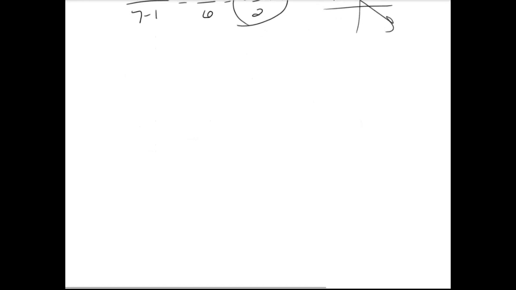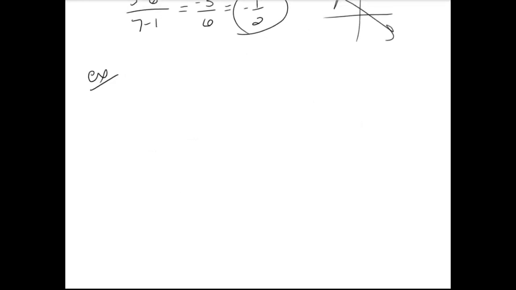Okay, let's do one more. What if I have the points negative 2, 4, and 3, 9? All right, same thing. We're going to do y2 minus y1 all over x2 minus x1. All right, change of y over change of x. I'll go ahead and just write the whole thing out for you again.